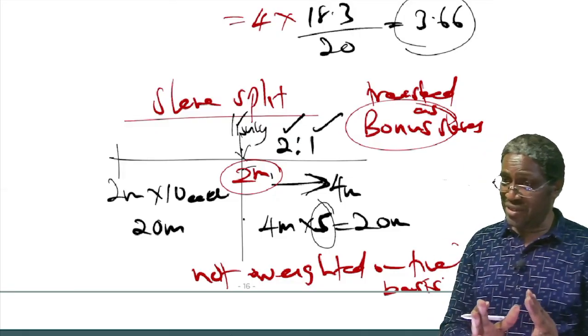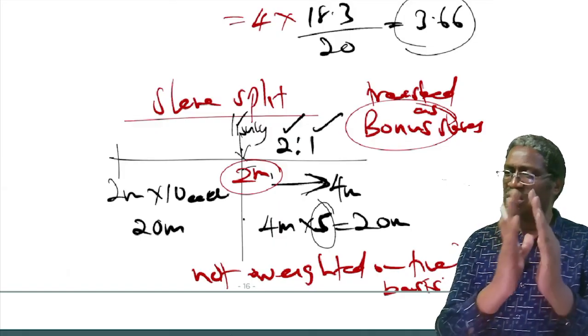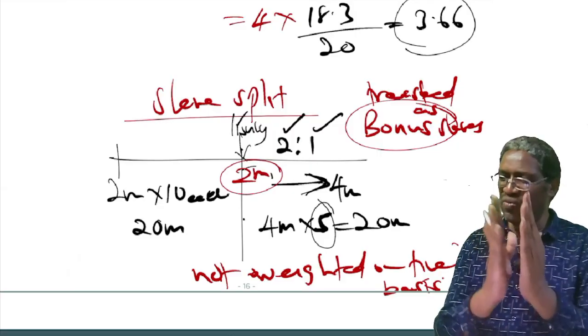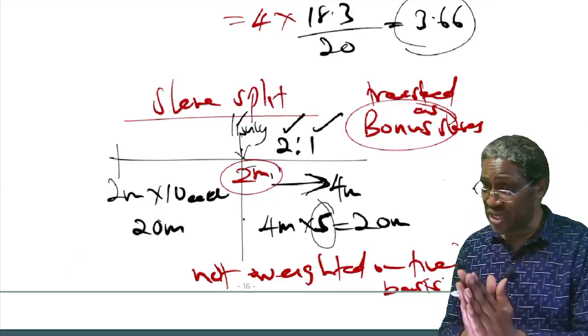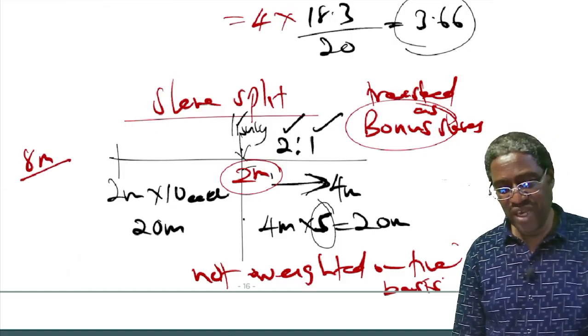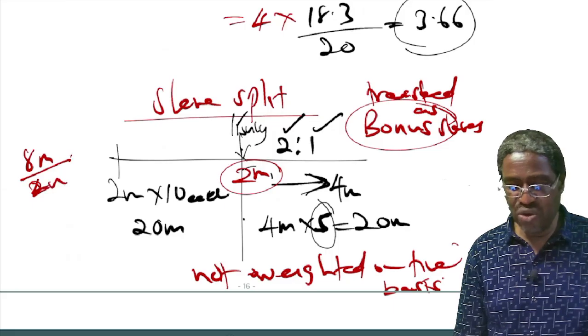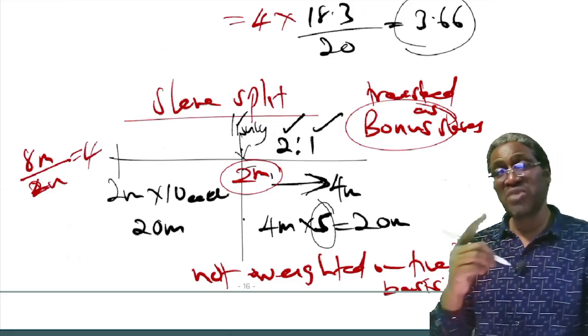Again, you see, listen, just like the bonus shares we have said, the rule said the EPS of the previous year should be restated. Assuming the earnings last year were 8 million, we divided that by 2 million shares last year, we got EPS of 4. That should be restated.